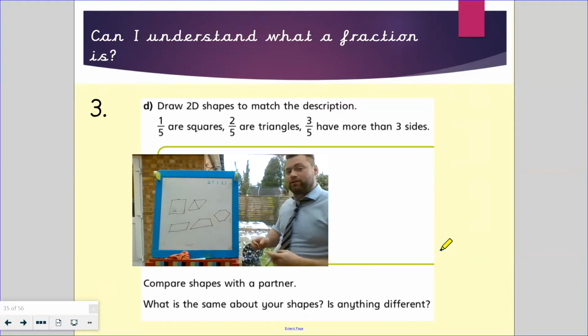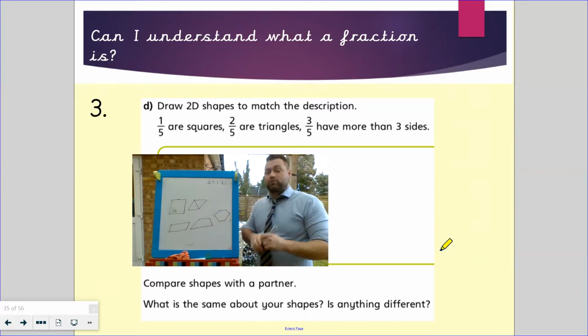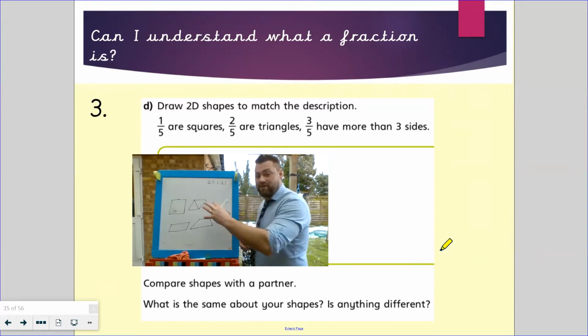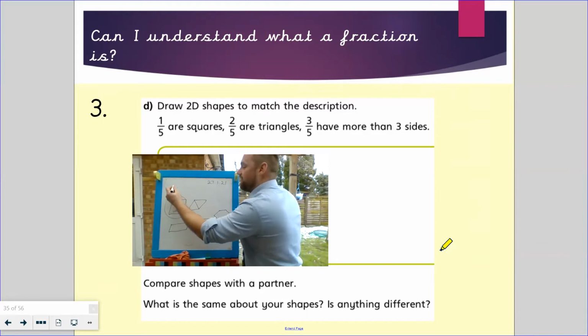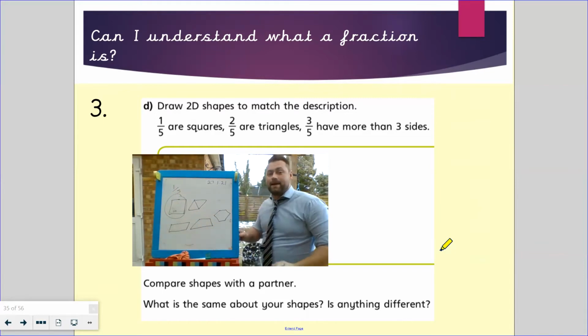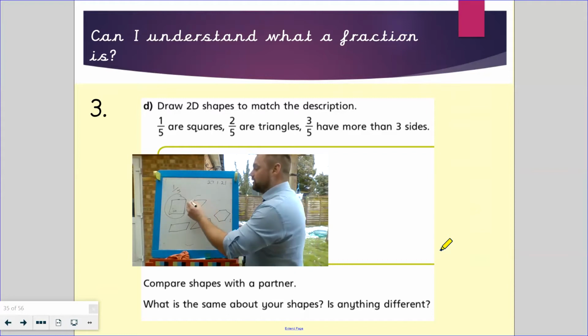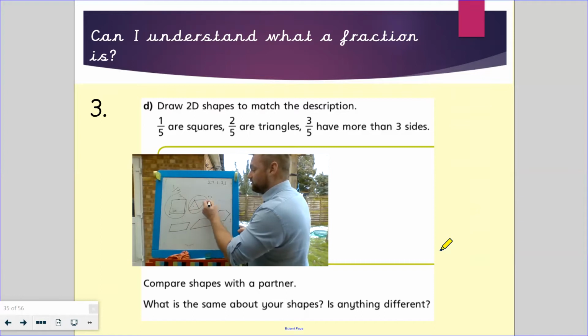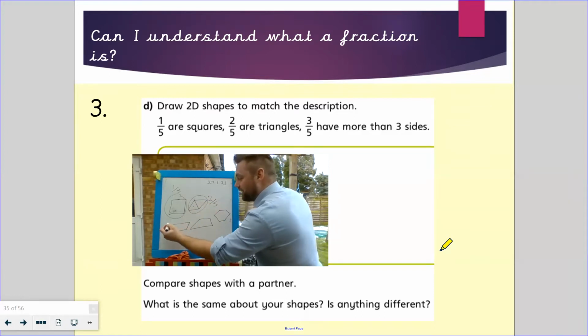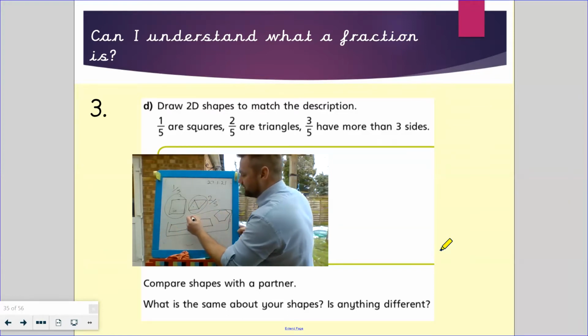So when we have a look at this all together, I've drawn 2D shapes to match the description below. I've got 5 shapes in total. How many are squares? 1 out of 5 of these are squares. How many of these are triangles? We've got 2 out of 5 of these shapes are triangles. And how many of these shapes have more than 3 sides?